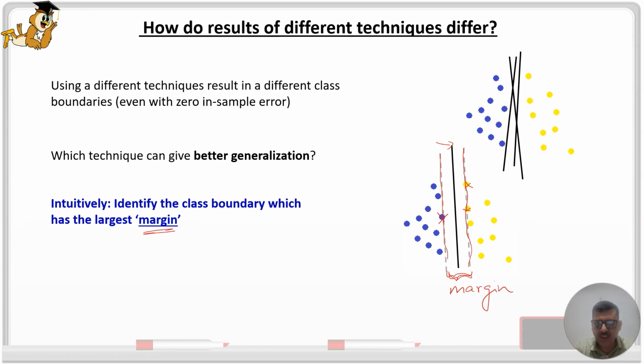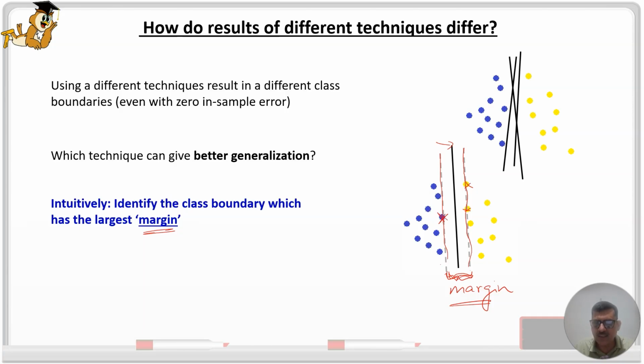So essentially the margin is the distance between the 2 parallel hyperplanes, parallel to the boundary that was returned by your classification technique. And what are these 2 parallel hyperplanes?